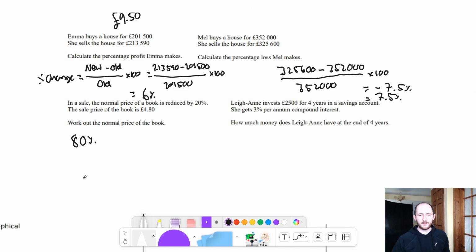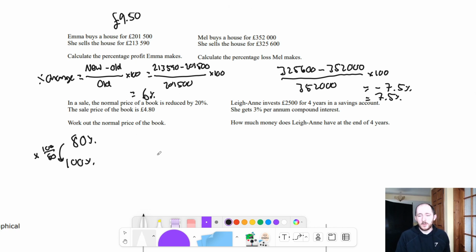There are so many different ways of doing this. So for example, you could divide by 8 to make it 10%, then times by 10. You could use the kind of ratio thing that I mentioned before, where if you want to go from 80 to 100%, you're timesing by 100 over 80, and literally do that to both sides, so times both sides by 100 over 80 for £4.80.